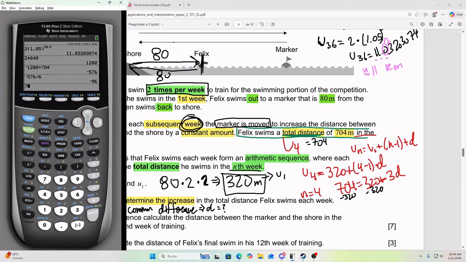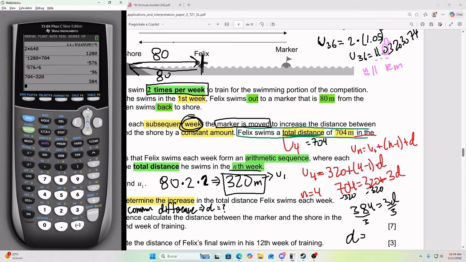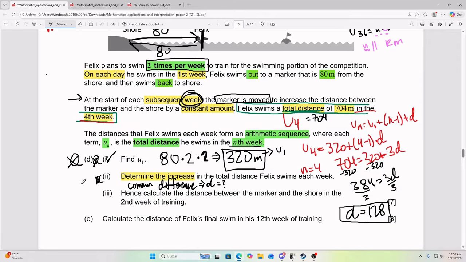Instead of quick maths, we're going to quickly pull out my calculator and end up with 384. So you get 384 equals 3d, divided by 3, divided by 3. D equals 384 divided by 3, which gives us 128. So that is for determining the increase or the common difference. D equals 128.